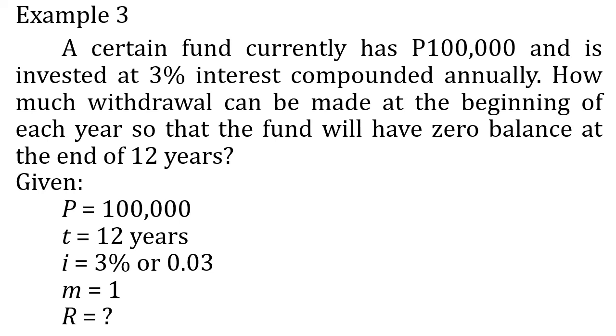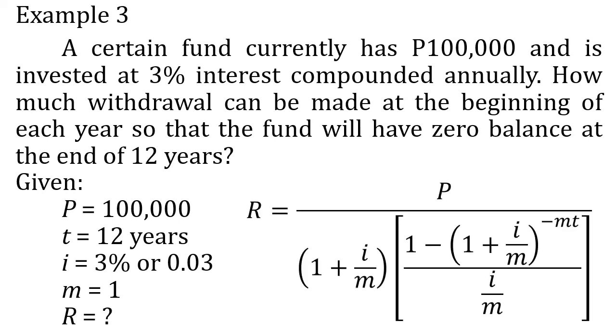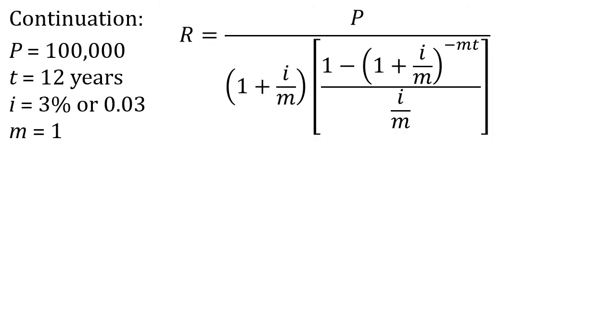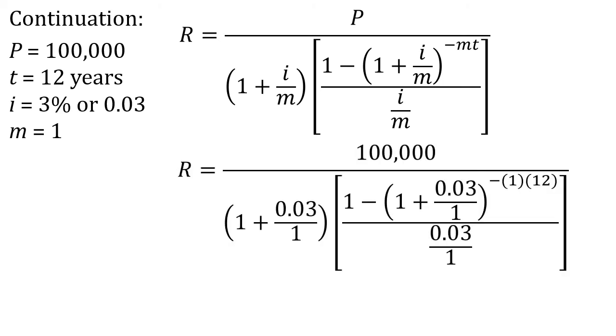So let's solve for R. In this problem, we will just manipulate the formula to solve for R. Our formula will be R equals P over 1 plus I over M times 1 minus 1 plus I over M raised to negative MT all over I over M. Just substitute the values of P, T, I, and M. R equals 100,000 over 1 plus 0.03 over 1 times 1 minus 1 plus 0.03 over 1 raised to negative 1 times 12 all over 0.03 over 1, and that will result to R equals 9,753.6.